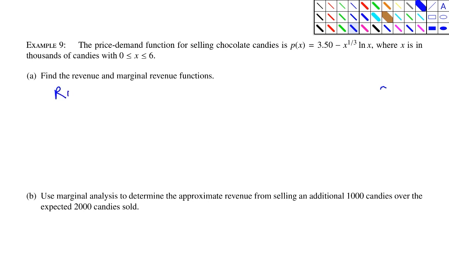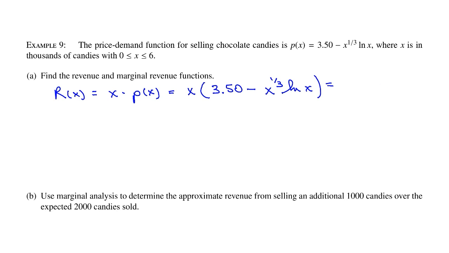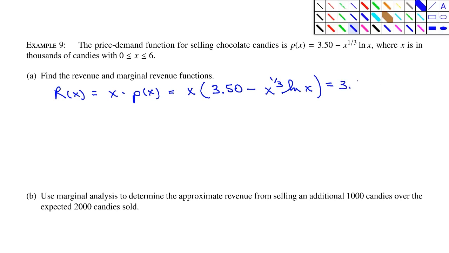So the revenue function is equal to x times P of x. So this would be x times 3.50 minus x to the 1/3 natural log of x, which is 3.50x minus, now this x distributes to both of these.